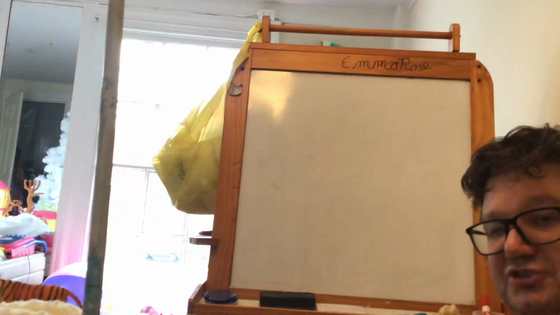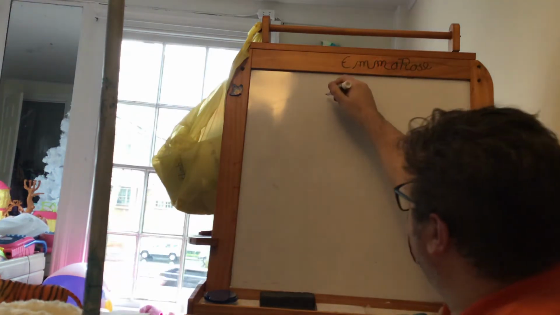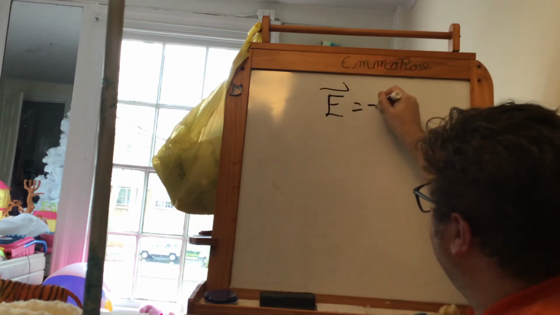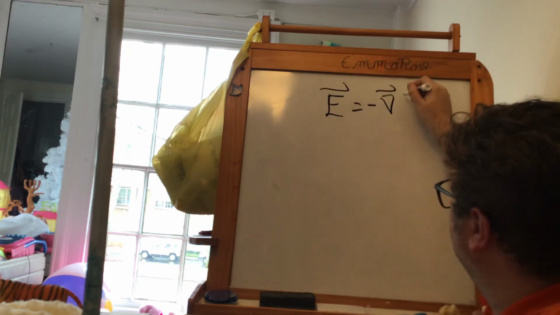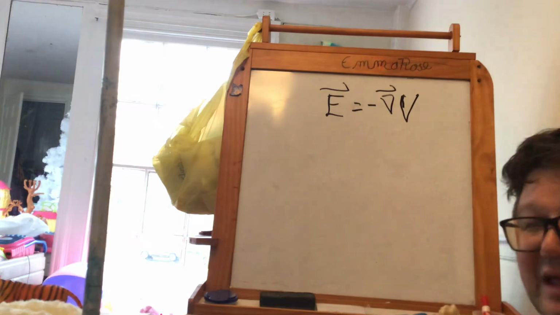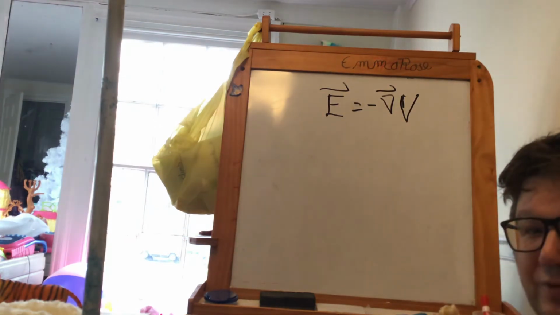Okay, so if I can write down that I have a vector equal to the minus gradient of a scalar, I can do the inverse of this operation, right?